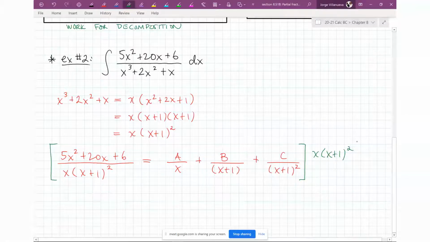On the left side of the equation, it's just going to cancel out the whole denominator, and I get 5x squared plus 20x plus 6 equal to, now on the next term, the A term, the x's will cancel, so it'll be A times (x plus 1) squared plus, on the B, I'm going to have an x left over and 1 x plus 1 left over. And on the C portion, I just have an x.